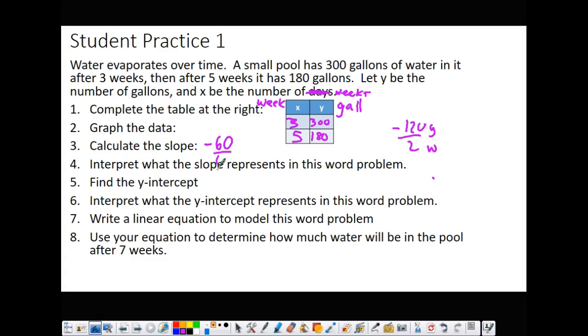What did you plug in for your X? The way that you did your slope, it's upside down. Your graph would look a lot different.